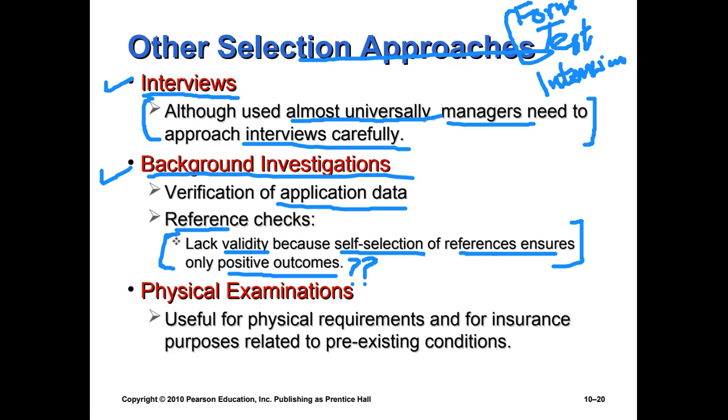Then in certain kinds of jobs, you need to get a physical examination. It's useful for physical requirements and for insurance purposes, because some companies get insurance for the employees, so they must have an understanding of the physical condition of the candidate.